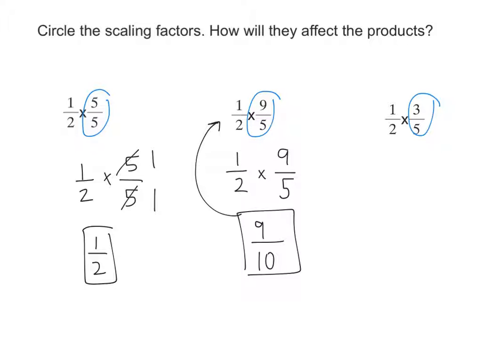So it got bigger, didn't it? How is the scaling factor? It's greater than 1. It's greater than 5/5. 9/5 is more than 5/5. Would you agree? So therefore 9/5 is greater than 1, and it made the product get bigger than that other factor. Because we have more than 1/2, don't we?